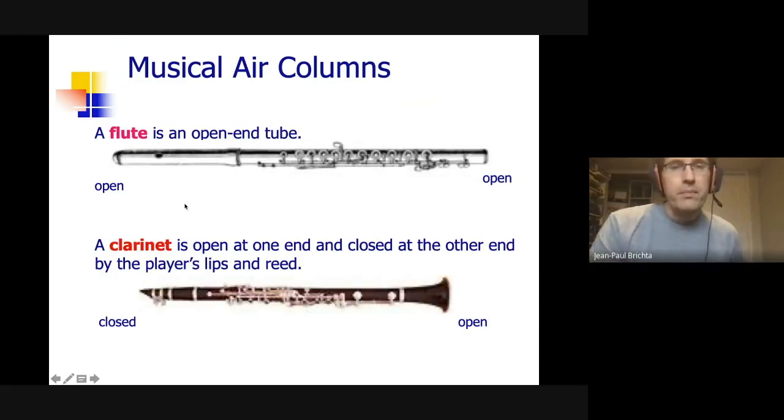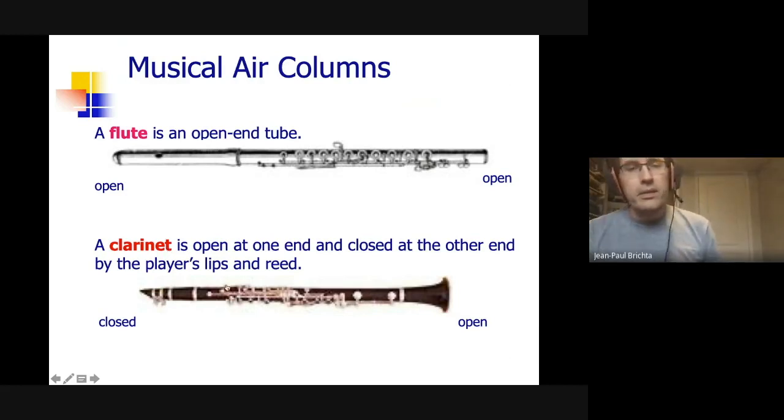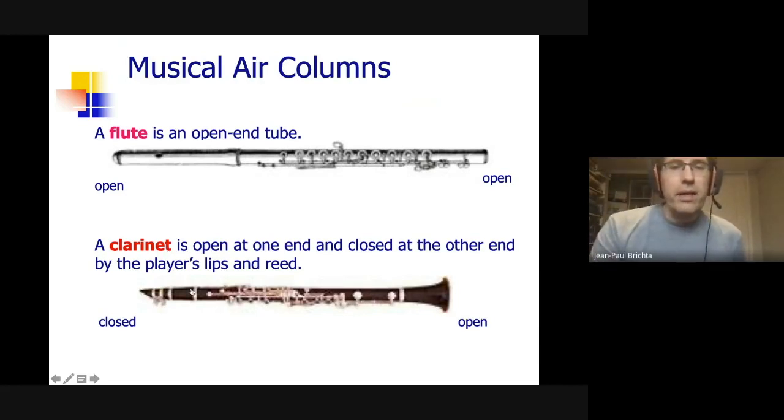However, a flute, similarly, is an open end tube. So in a flute, for example, you have this open end, and you have this open end where the musician will blow across this hole. So essentially you have 2 open ends there. Whereas a clarinet is definitely closed at one end. In this case, this is the reed.